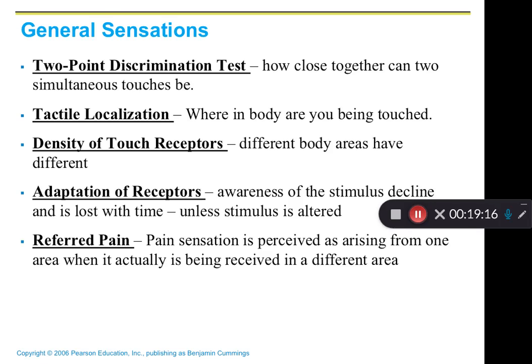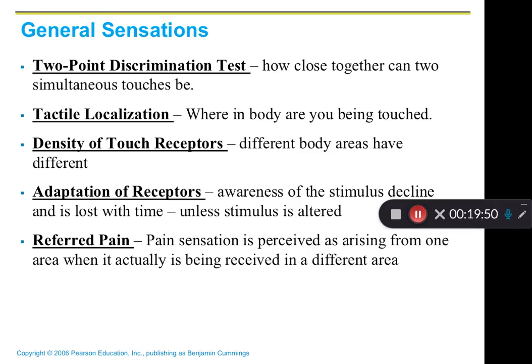The 2 point discrimination test depends on the density of the receptors. For example, our hands have many receptors, so our hands can detect a very short distance of the 2 points.